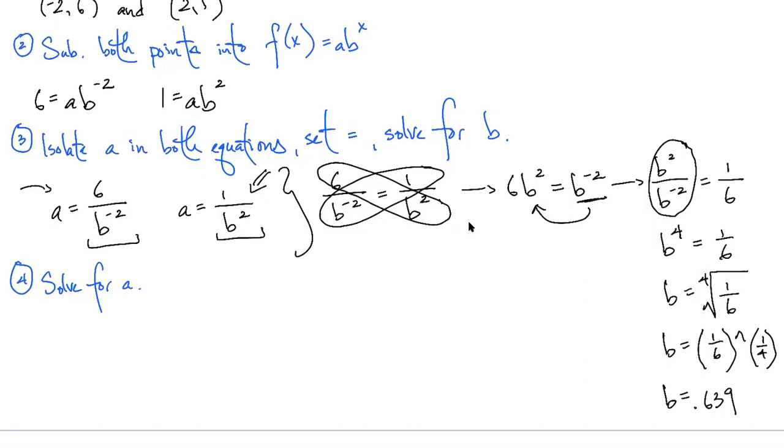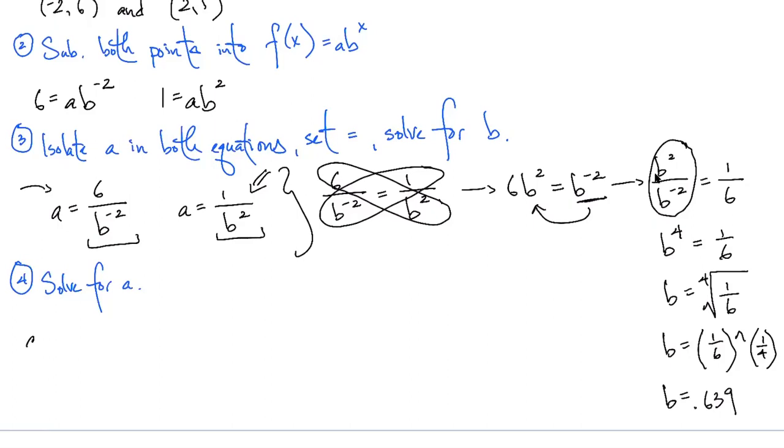Now, do folks want to use a equals 6 over b to the -2 or a equals 1 over b squared to find your a? Any preference, first one or second one? Yeah, I think the second one. So 1 over b squared.